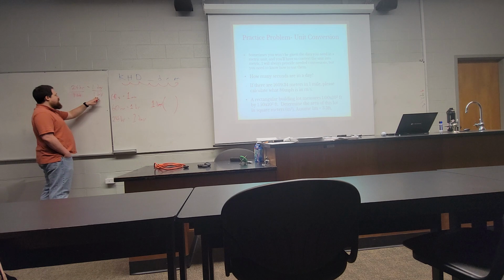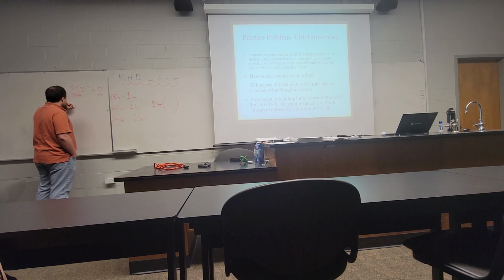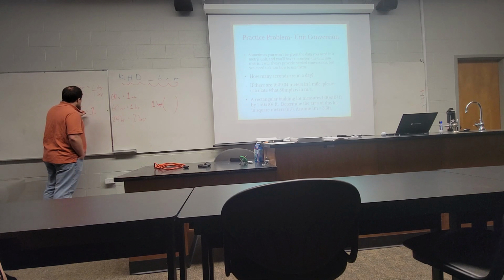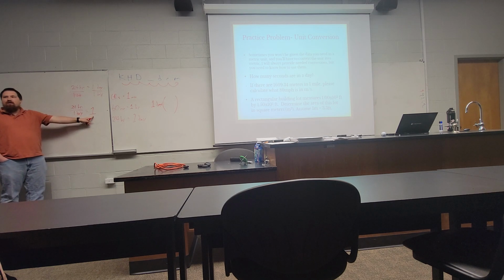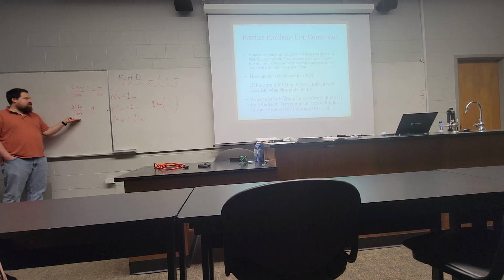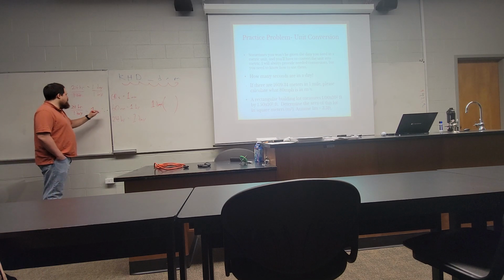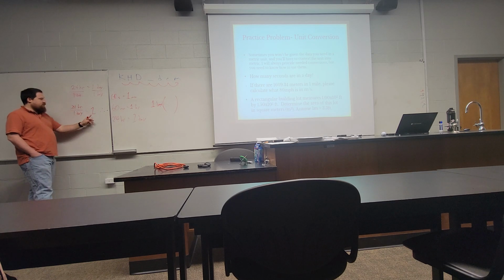Anything divided by itself is just 1. So, the fraction 24 hours divided by 1 day is therefore equal to 1, which makes sense because 24 hours is 1 day. This is also still dividing something by itself, right? So this is our proof that 24 hours over 1 day equals 1.